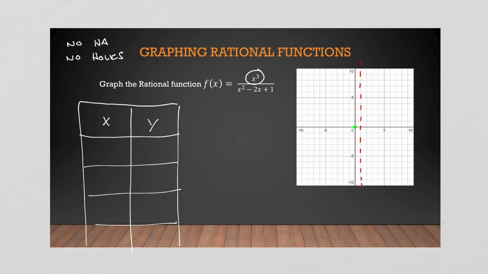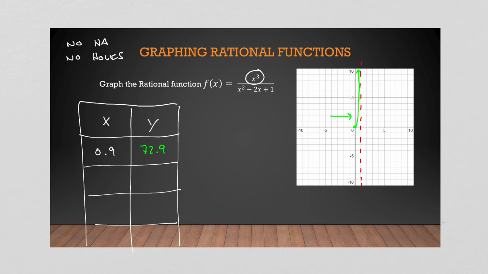What I did was I tested some points as I got closer and closer to my vertical asymptote. So when x was 0.9, as I approached from here, my y value spat out already at 72.9. So this thing is going to shoot up incredibly fast. And it's going to shoot up like that for good.